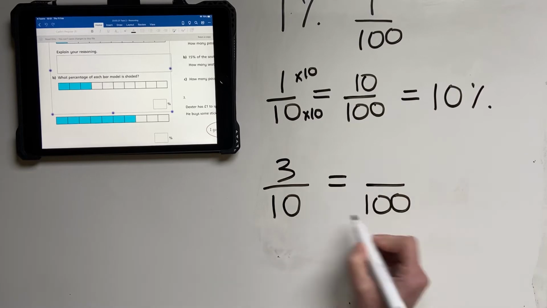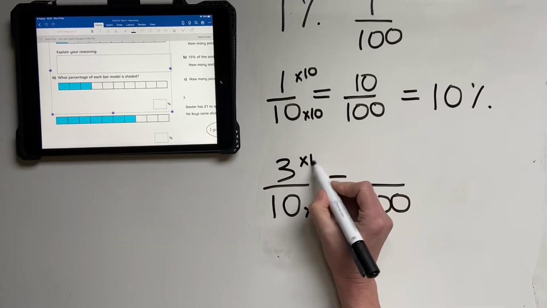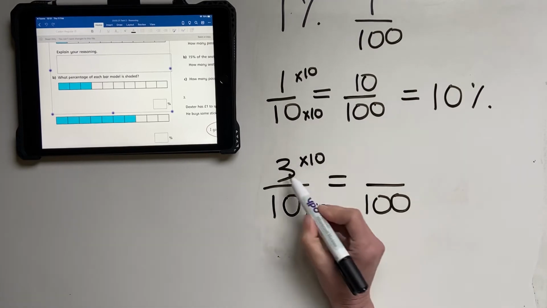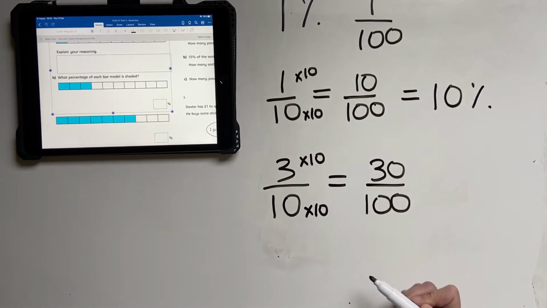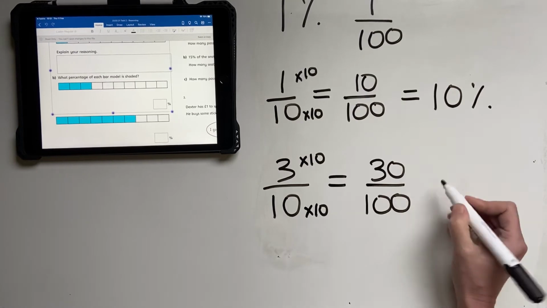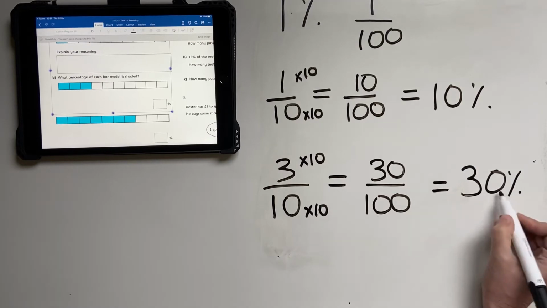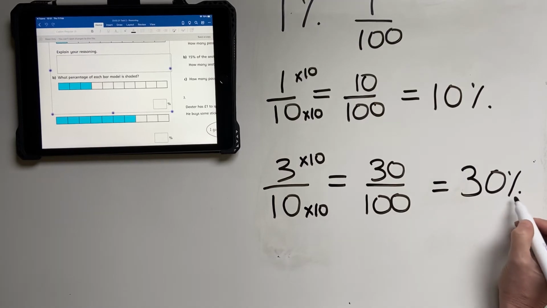So we multiply the denominator by 10, which means we have to multiply the numerator by 10. 3 times 10 is 30. So 30 out of 100, or 30 hundredths, is the same as 30%, 30 per 100.